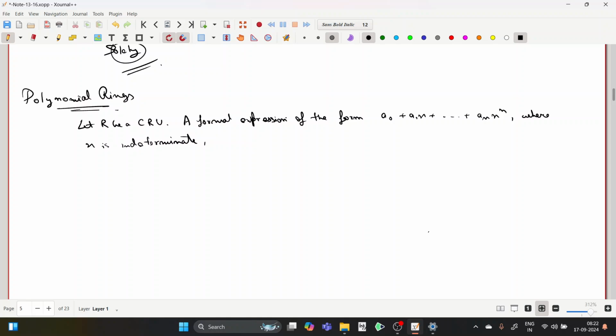Each ai comes from capital R, and this n is a positive integer. It's called a polynomial. To be very specific, it's specifically a polynomial over R, over this given commutative ring with unity. Got it?